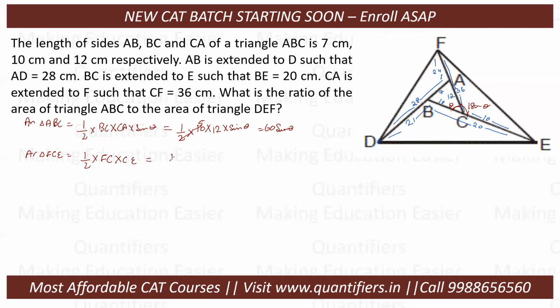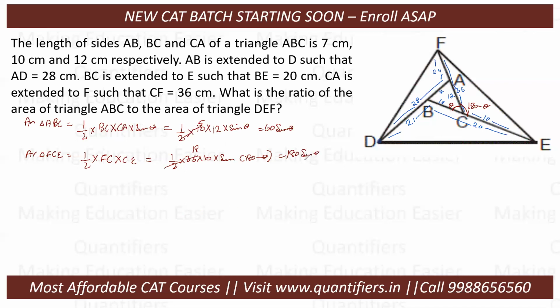FC is 36 and CE is 10, and sine of 180 minus theta. What is sine of 180 minus theta? It is sine theta only, so that is not an issue. So I can write it as 180 sine theta.